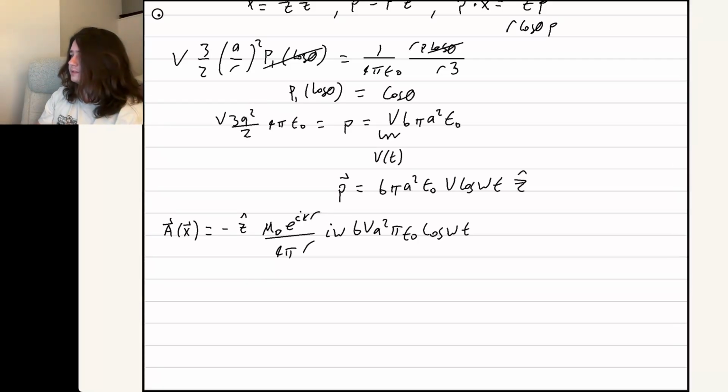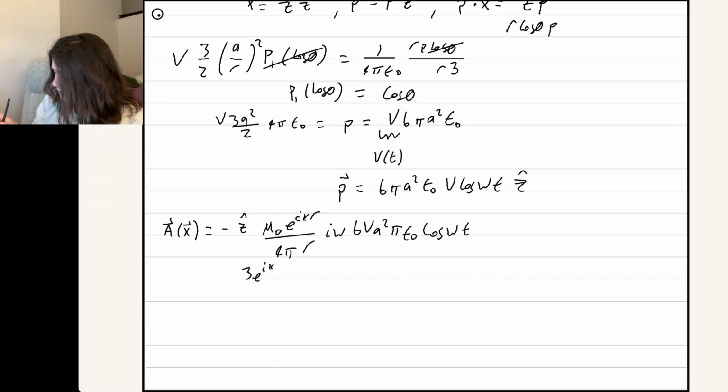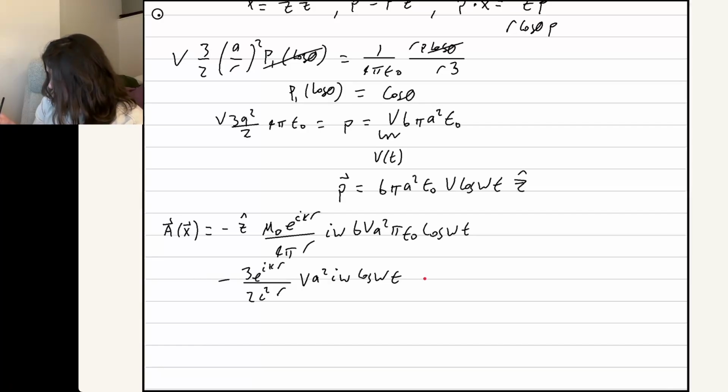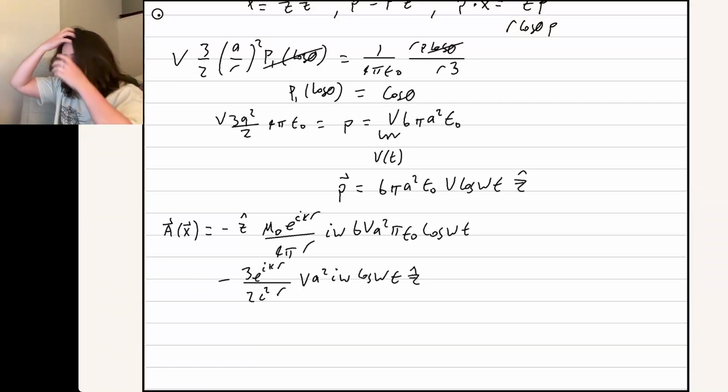The mu naught times epsilon naught turns into 1 over c squared, and then you get just 3 e to the i k r. It's a minus sign on all of it. 2c squared r V a squared i omega cosine omega t in the z hat direction. Yeah? Okay. So that's the vector potential.